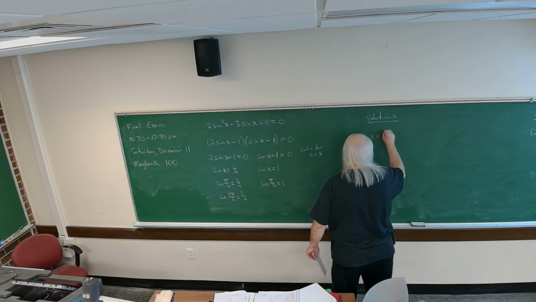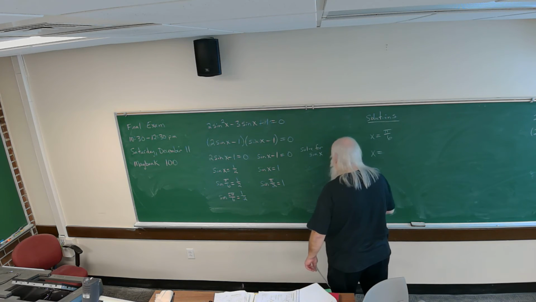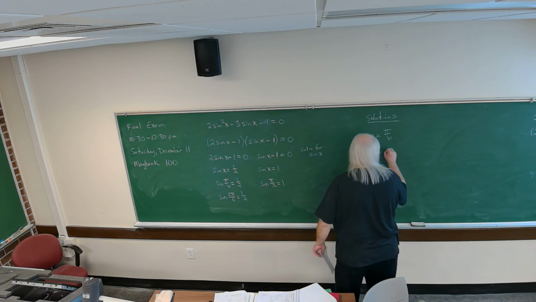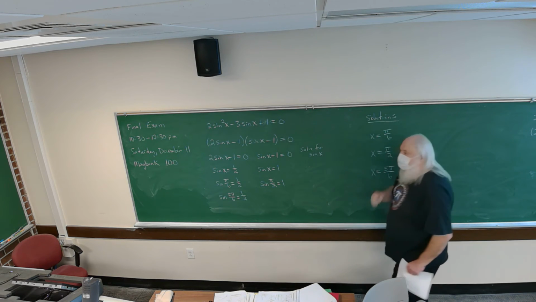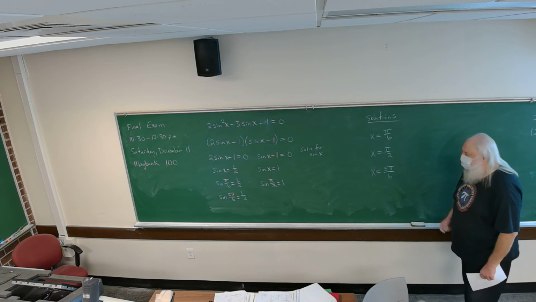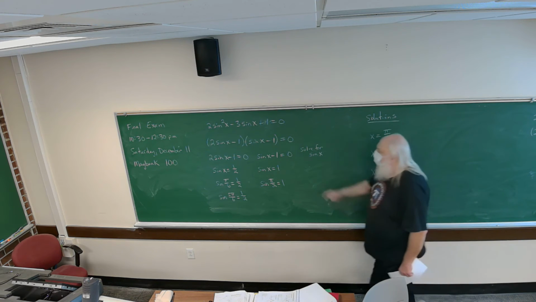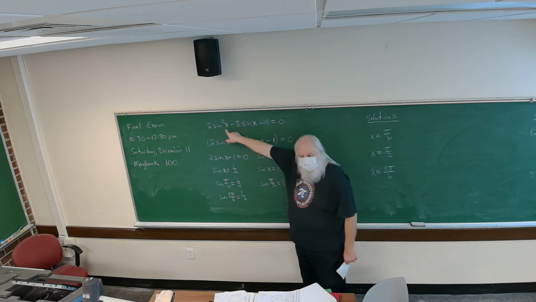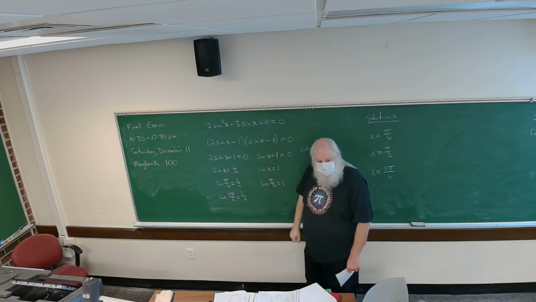X equals pi over 6, x equals pi over 2, and x equals 5 pi over 6. Those are the three angles that will make the left-hand side of our trigonometric equation up here equal to 0.